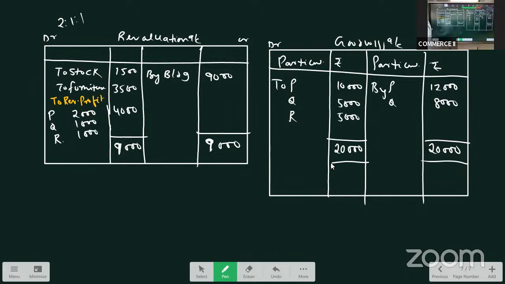Okay, so what is the next step? Yes, it is preparation of the partners' capital account. So we'll prepare the partners' capital account now. Who are the partners?